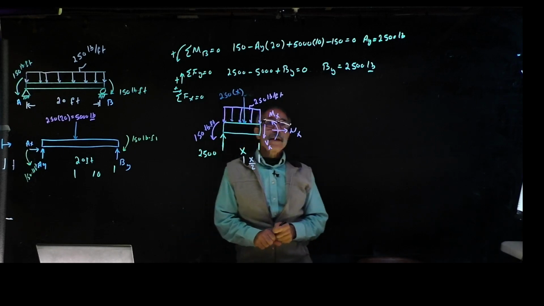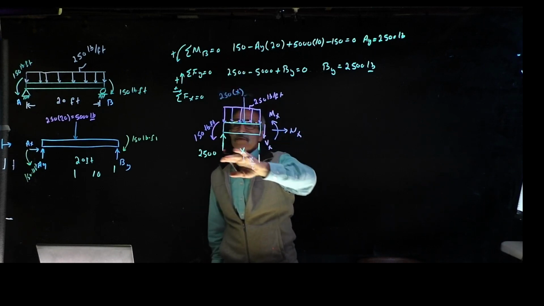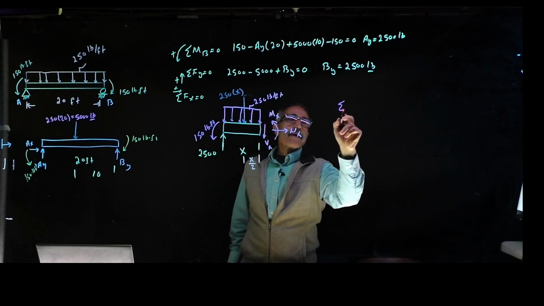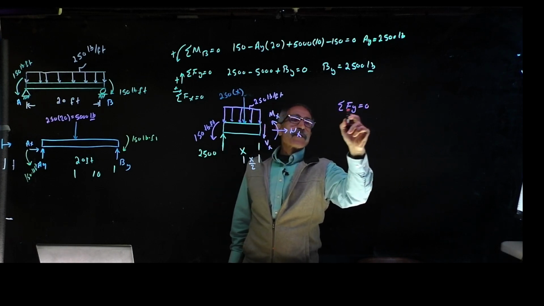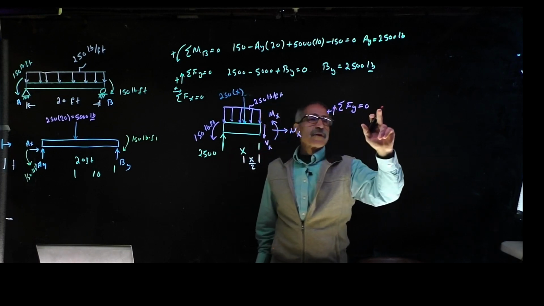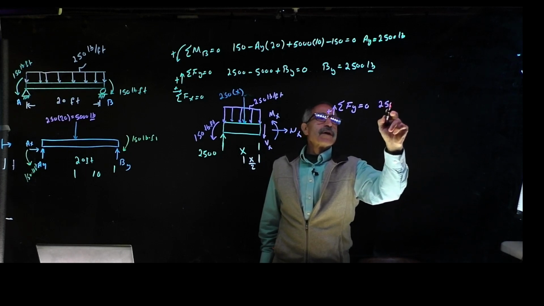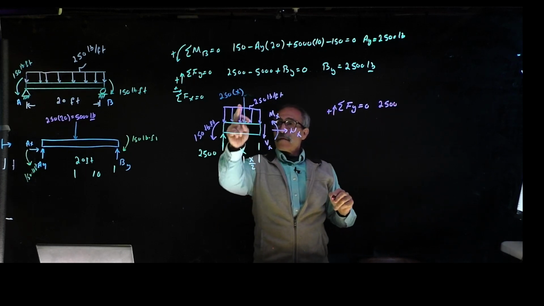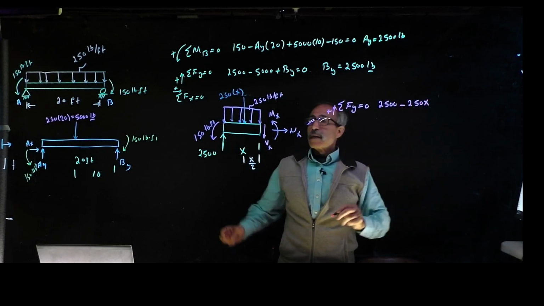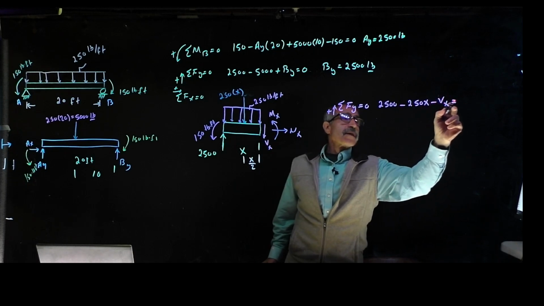And we're going to go ahead and use basically summation of moment and summation of F of y to solve this. First, I want to know what my shear is. I'm going to do summation F of y equals 0, going up is positive. We have 2,500, 2,500, then I have minus 250x, then I have minus Vx equals 0.